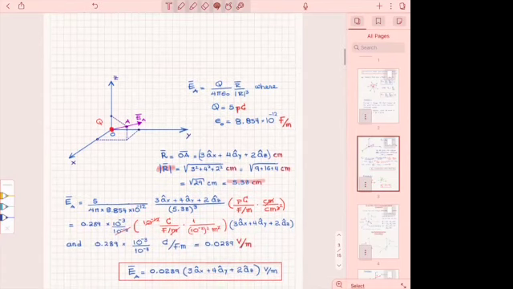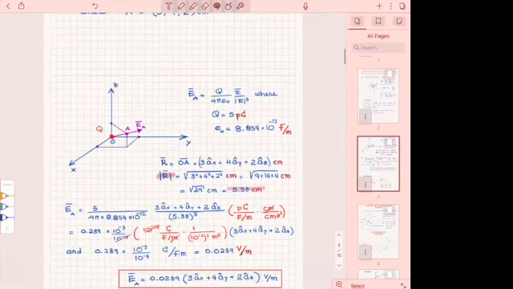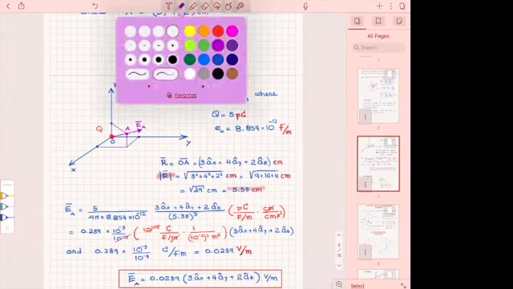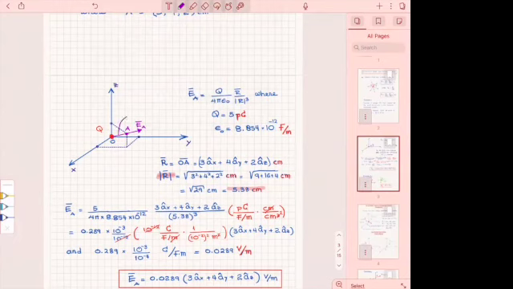Okay, now here what we do is the following. First of all, they ask me to find the field at point A. So point A is right here. And what is vector R? Vector R is OA.